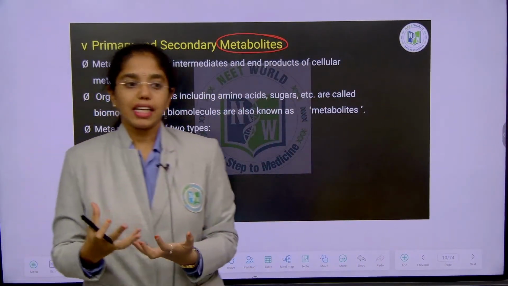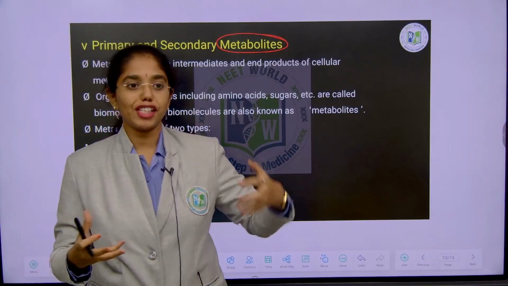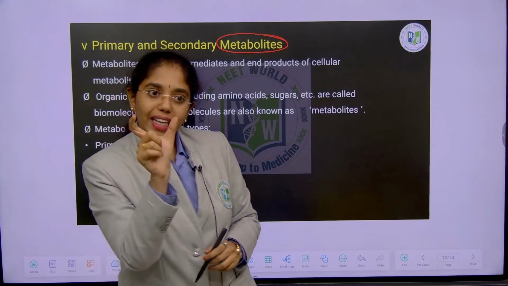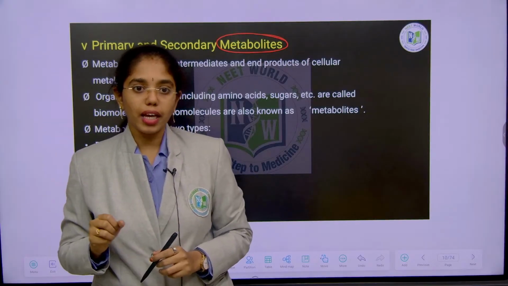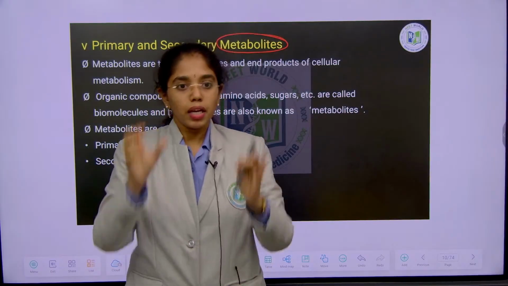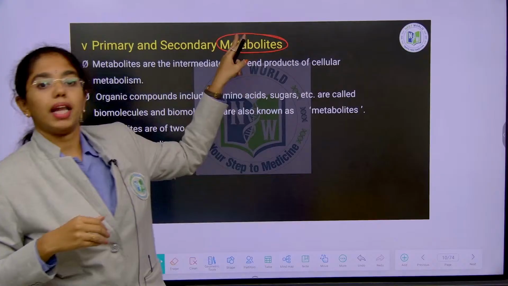You have seen plant physiology, you have seen glycolysis, TCA cycle, you have seen C3, C4 cycles and all. After every step you are getting an intermediate organic compound and some end products also. The intermediate compounds, end products, all that including the starter, are known as what? Metabolites.